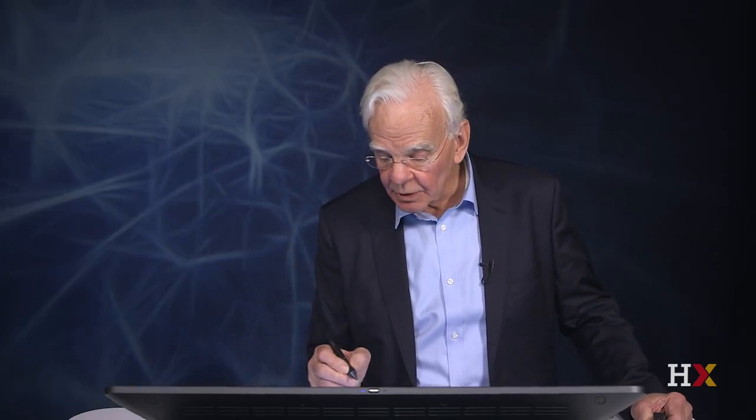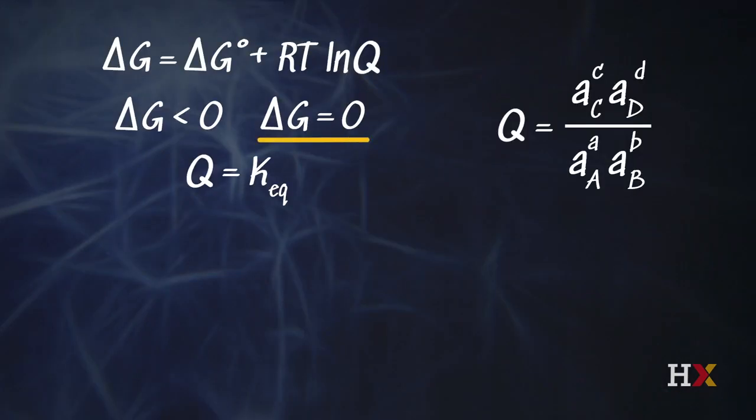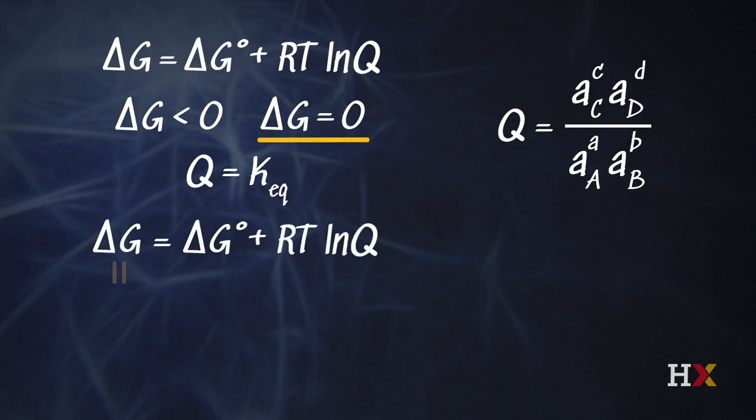And the condition of equilibrium, first of all, is that delta G is equal to 0. So let me rewrite this. Delta G under non-standard conditions is delta G under standard conditions plus RT log Q. So if delta G is equal to 0, and if I'm at equilibrium, Q is equal to the equilibrium constant.